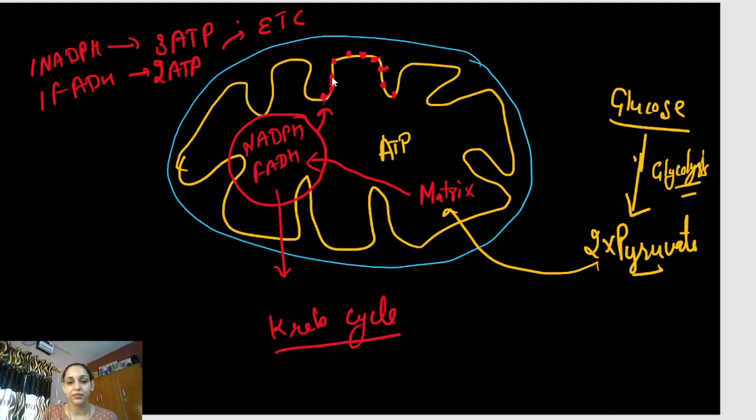These FADH and NADPH are involved in the electron transport chain and form ATP. Like this, ETS is performed throughout the inner membrane.